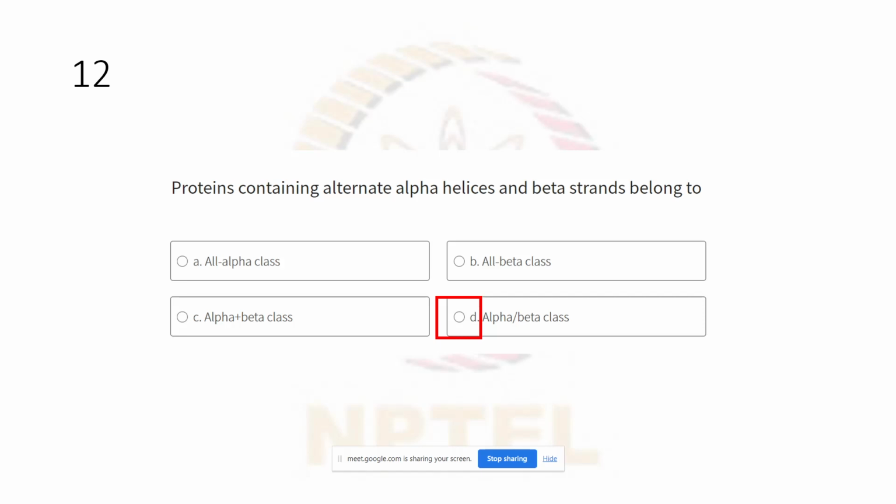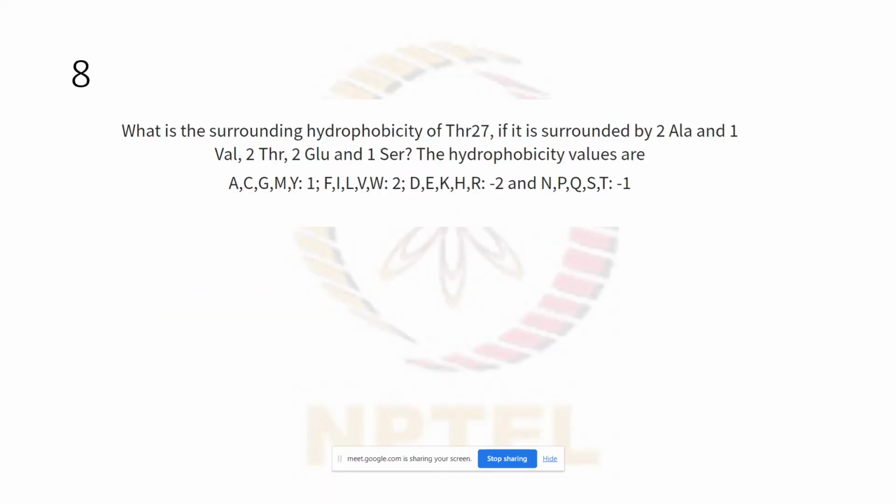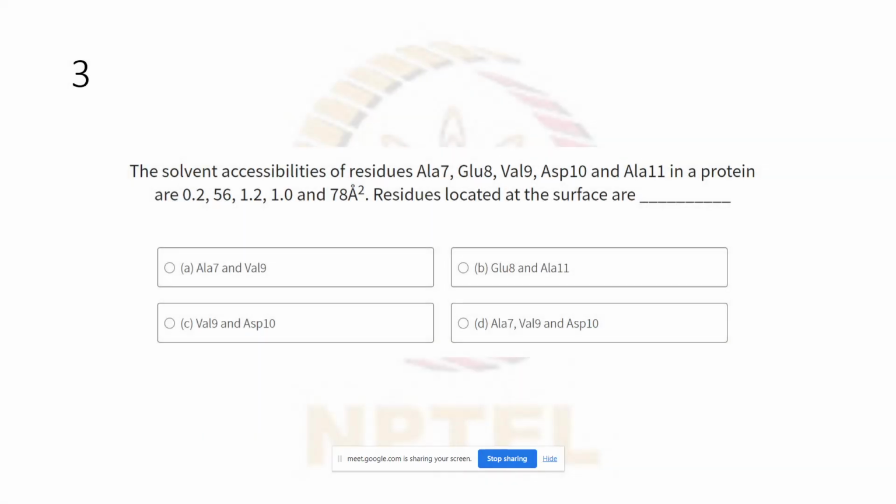Yeah, I'll do that hydrophobicity as well. Yeah, question number 3. Here we have 5 residues, and for each residue we have a solvent accessibility. The condition is that when a residue is exposed outside, on the surface, it has a higher solvent accessibility value.